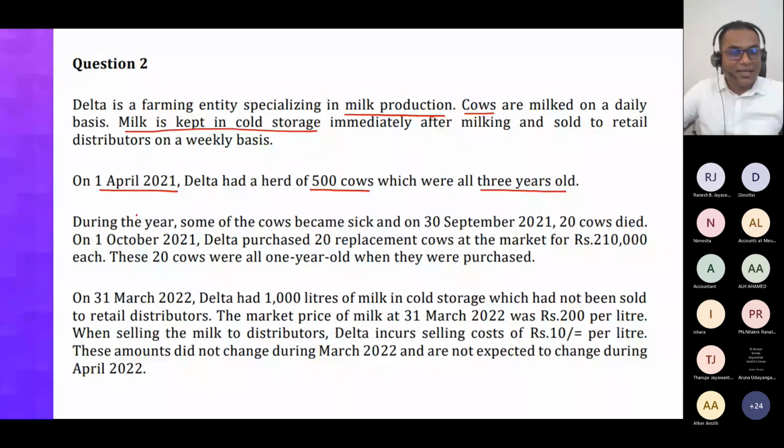During the year, some of the cows became sick, and on 30th September 2021, that is in the middle of the year, 20 cows died.